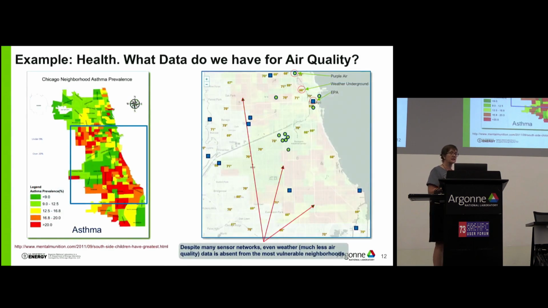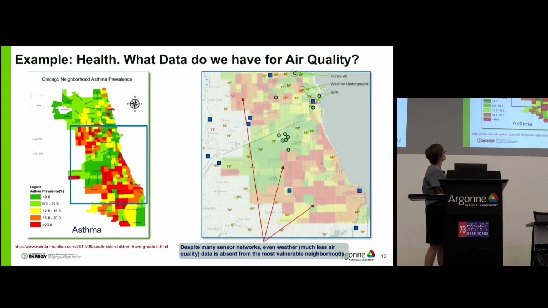So let's just take a quick look at the asthma data here. This is roughly the same, this region here is blown up here. If you look, there's these regions where there's very, very high rates of asthma. These are the EPA placements. These ones that are hard to see there, those are Weather Underground stations and PurpleAir stations.